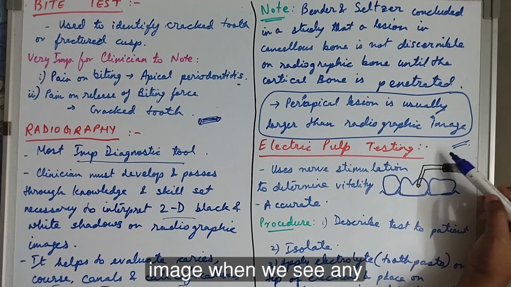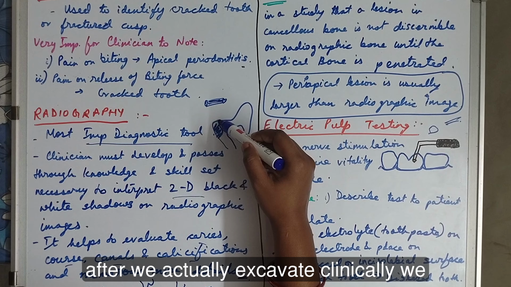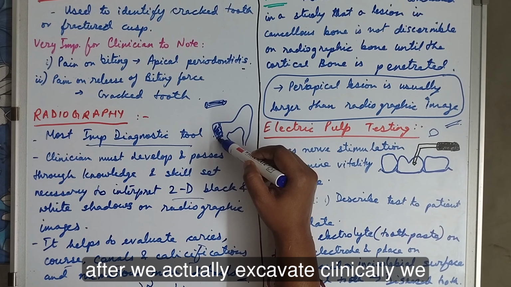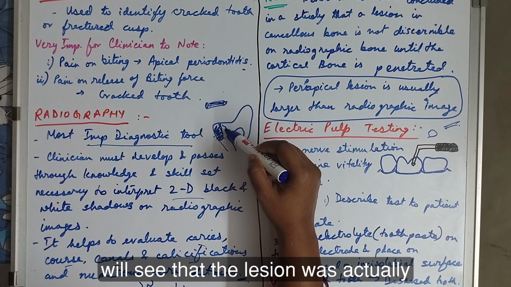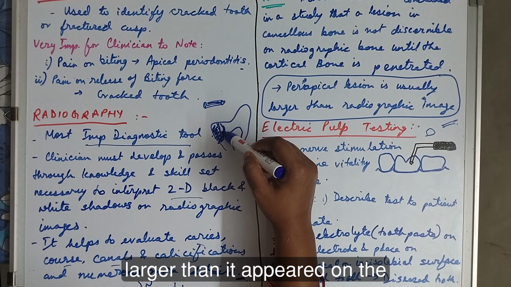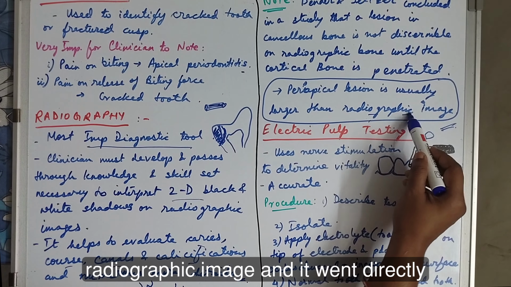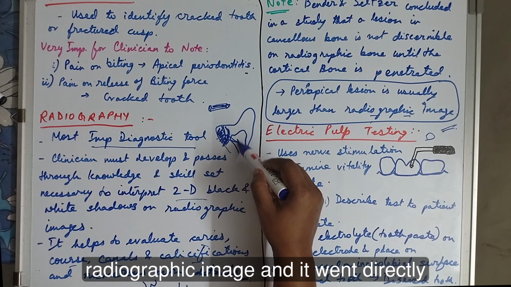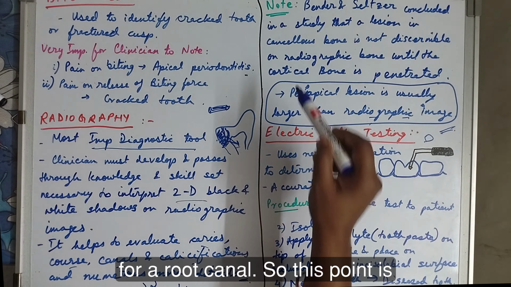We might say to the patient that this will go for a filling, but after we actually excavate clinically, we see that the lesion was actually larger than it appeared on the radiographic image and it went directly for a root canal. So this point is very important.